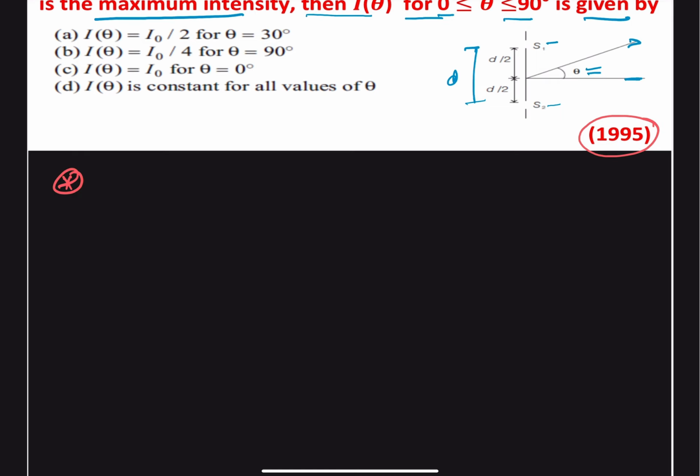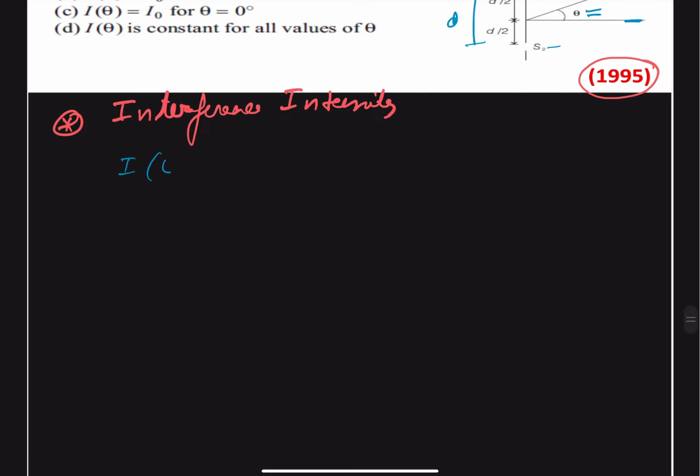So we can say interference intensity, which is given as I of theta will be equal to I naught, that is the maximum intensity, cos square of pi d sine theta divided by lambda.